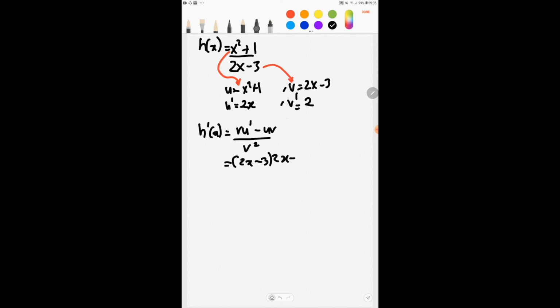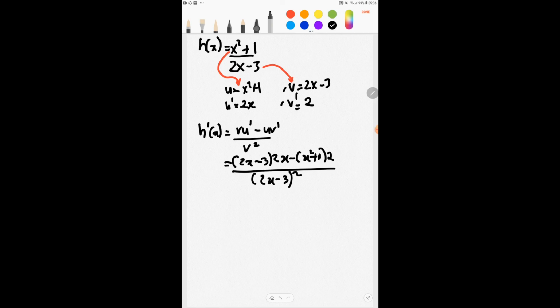this is u v prime. So u is x squared plus 1, multiplied by v prime, which is 2, divided by v squared, which is (2x minus 3) squared.